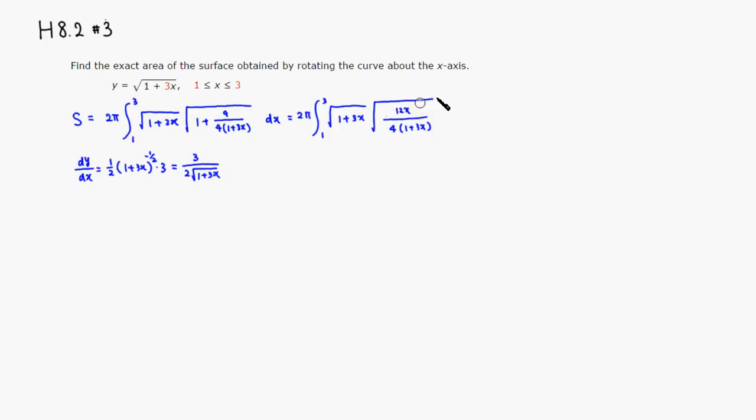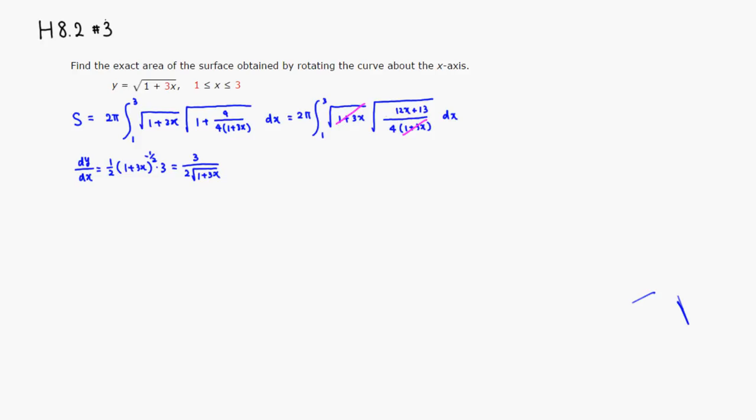That's simply 9 plus 4, 13. Then you can see that here we can cancel the square root of 1 plus 3x on top and the square root of 1 plus 3x on the bottom. So we can cancel this guy with that guy. And we have a dx.